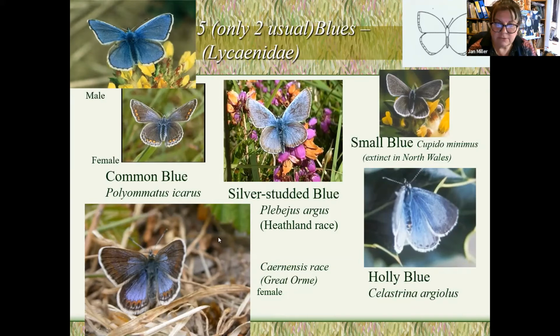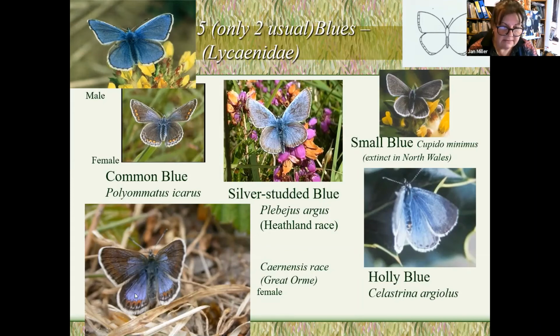But in North Wales, we also have this very special silver-studded blue, which they get in the rest of the country on heathland areas, feeding on heather. But our special Great Orme race, as you probably know, the Great Orme has a lot of endemic species which don't occur anywhere else in the world, because it was isolated during the Ice Age.